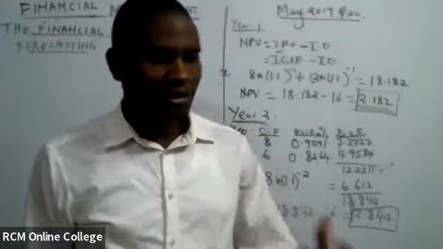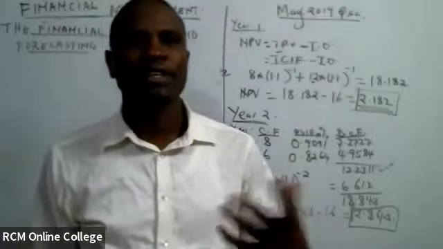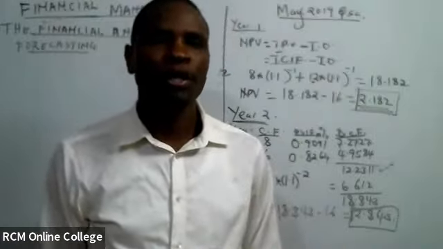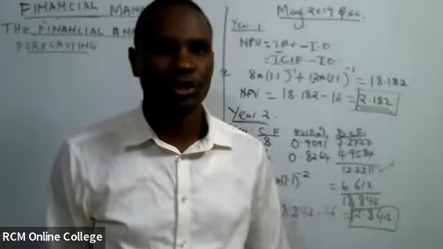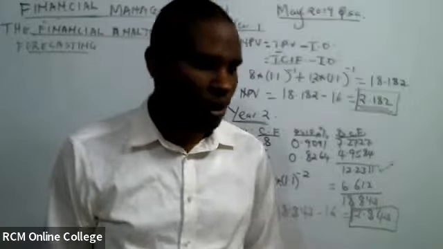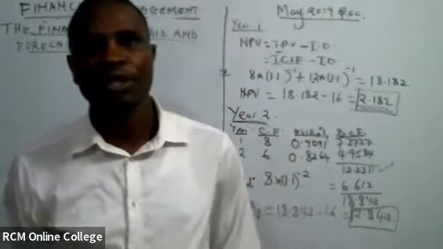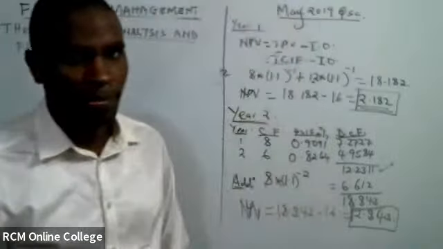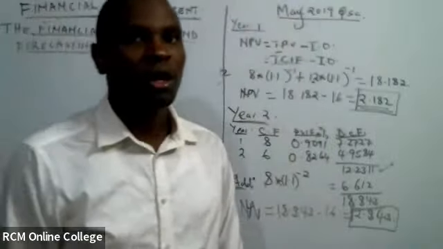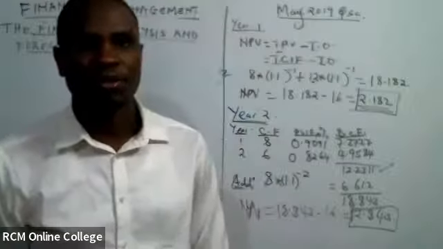And class, as you know, we have several components of financial statement, namely the income statement, balance sheet, statement of cash flow. We also have the statement of changes in equity, and the notes to financial statement.